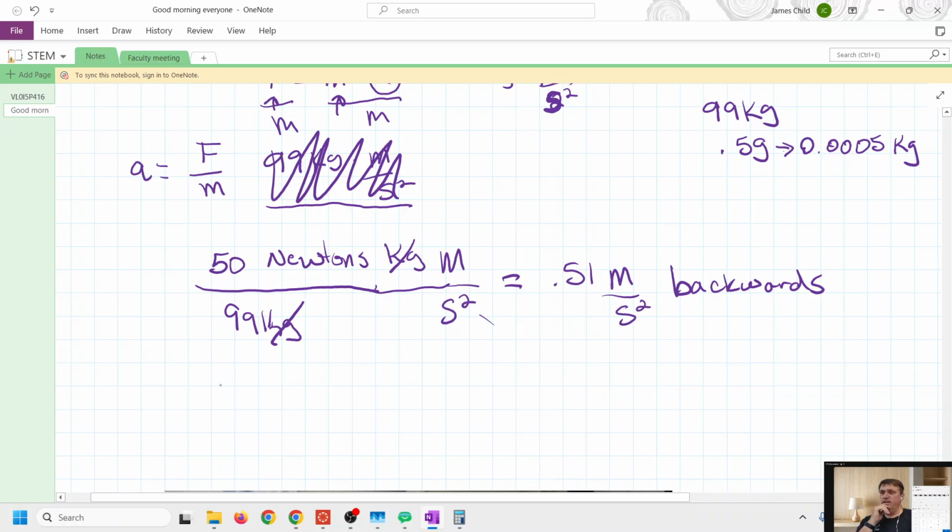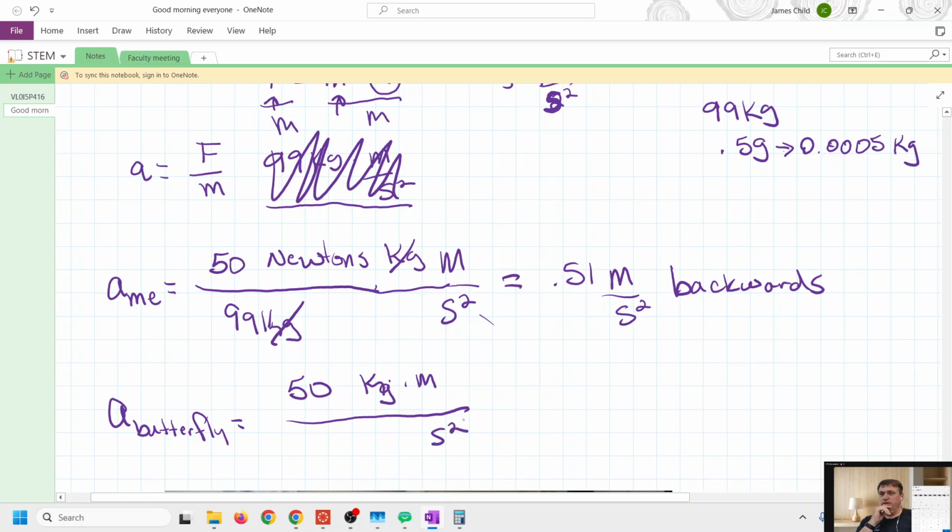So now, 50 newtons remains the same, so that was the acceleration of me. What was the acceleration of the butterfly? Okay, 50 newtons, which we know is kilograms times meters per second squared. The mass of the butterfly in kilograms was 0.0005 kilograms.